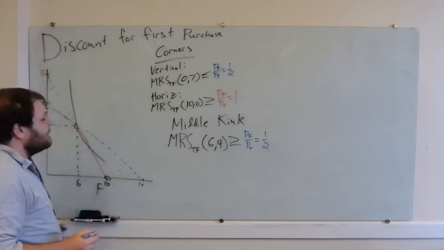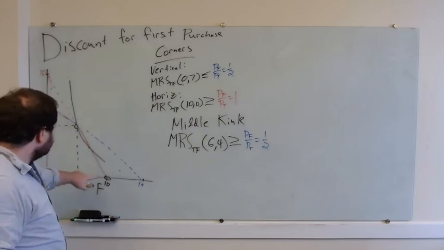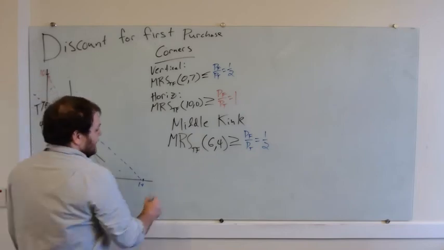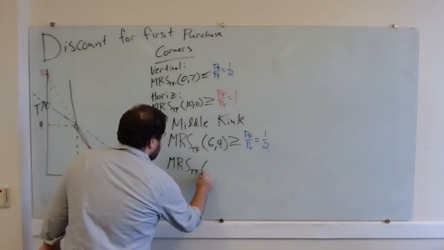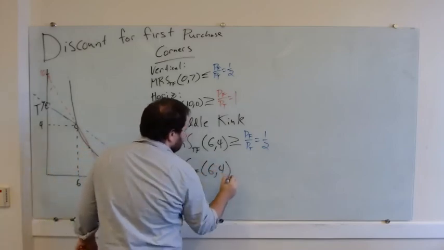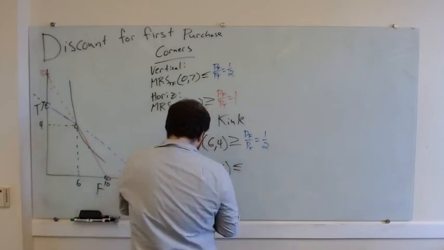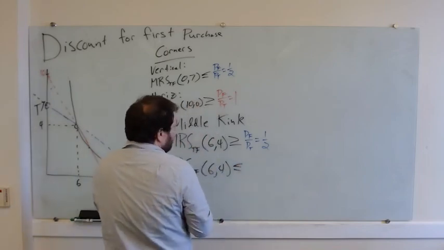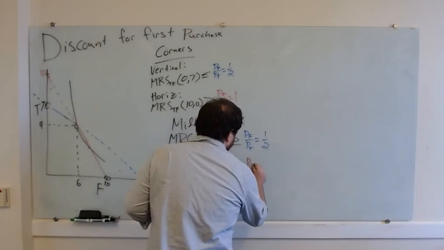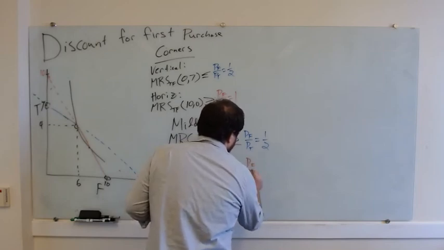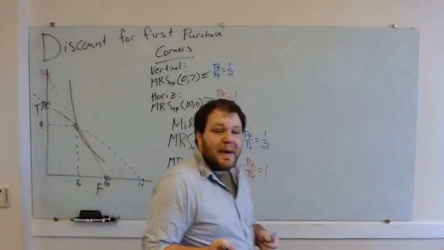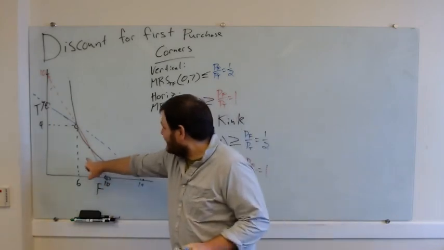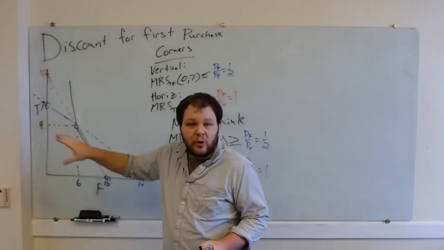So this can't be my optimal choice if my MRS is steeper than the slope of the red budget constraint. So the MRS calculated at the kink point has to be less than or equal to the slope of the red budget constraint. Otherwise, I would be better off buying less topping and more froyo, less of the vertical good and more of the horizontal good.